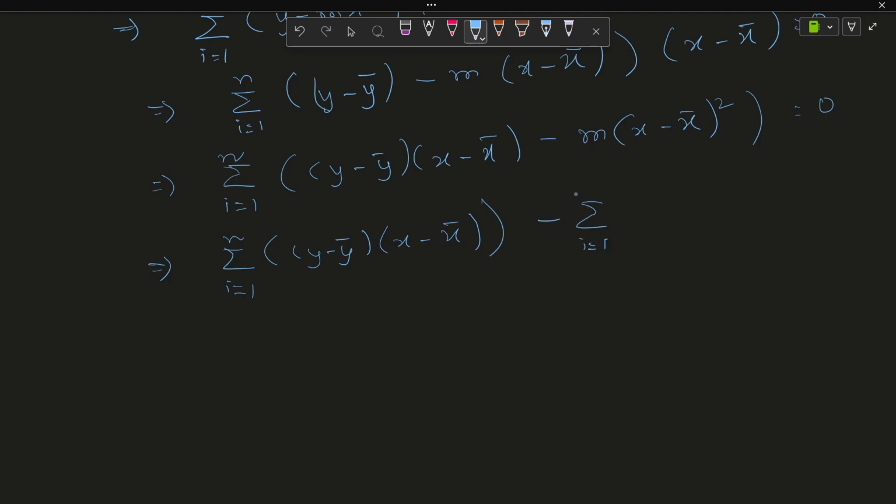Sigma 1, we can take this m constant outside of this, we can definitely do that.